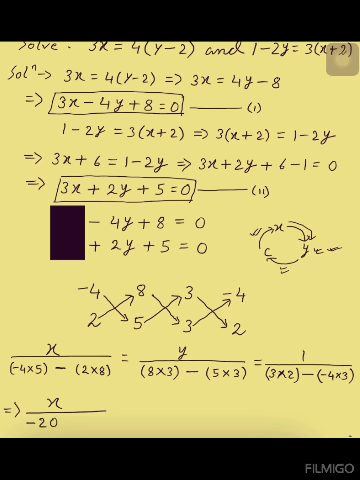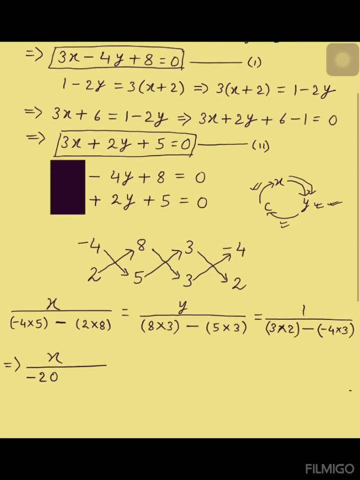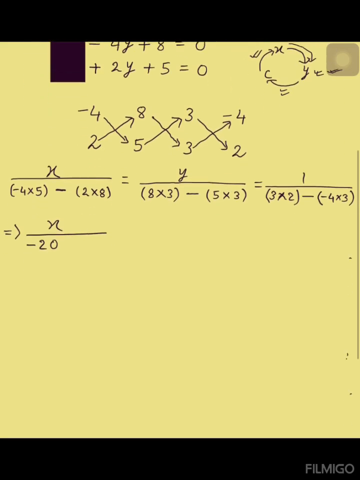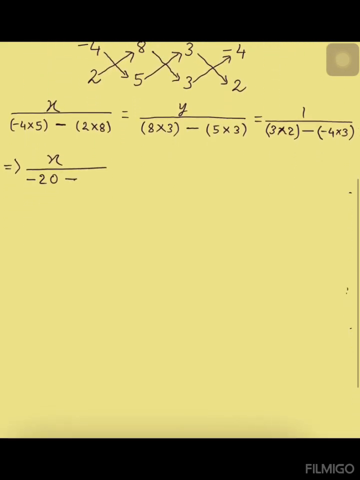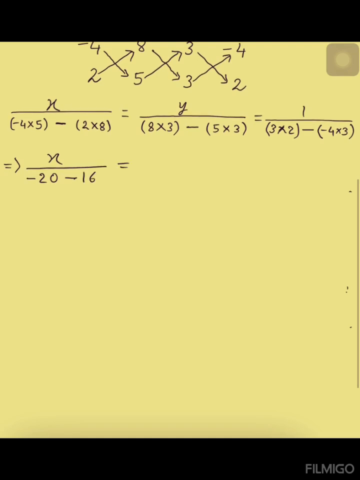So minus 4 into 5 is minus 20, minus 2 into 8 will give you 16. So minus 20 minus 16 equals y by 24 minus 15 equals 1 by 6.